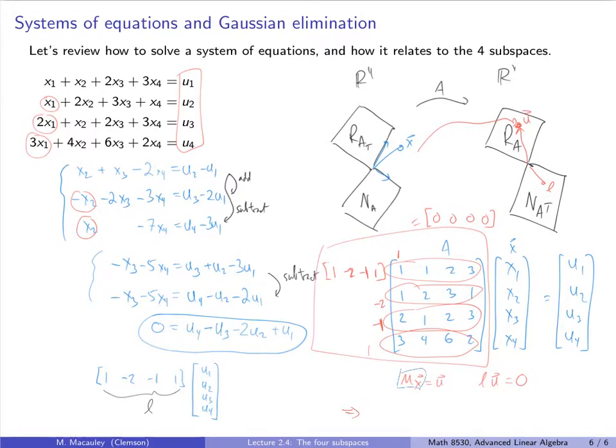So if I multiply L on the left, LMx must be equal to Lu, which is 0, and this holds for all x in R4, then it must be the case that LM equals 0.